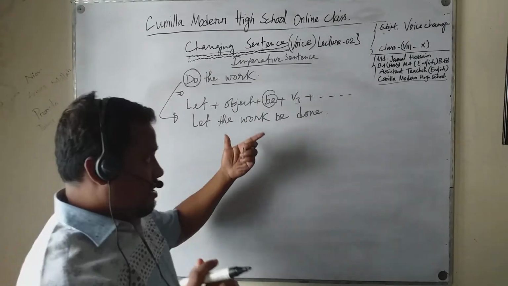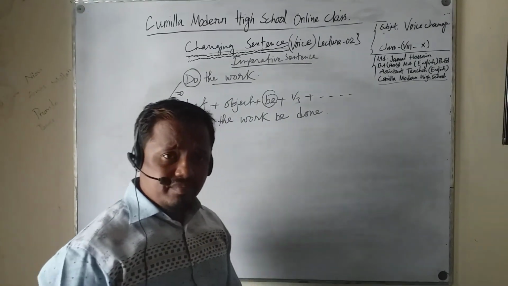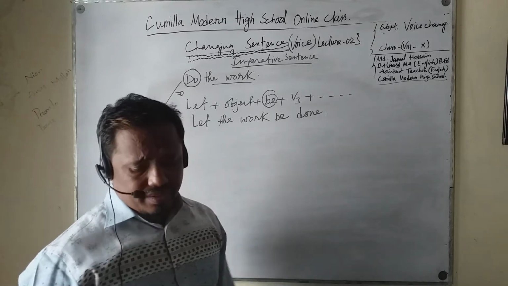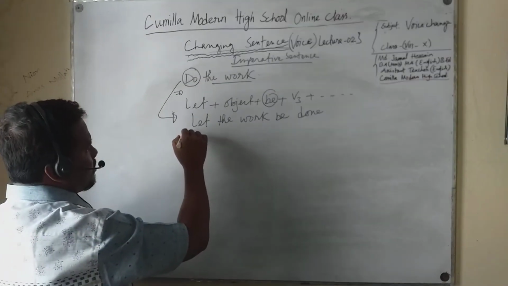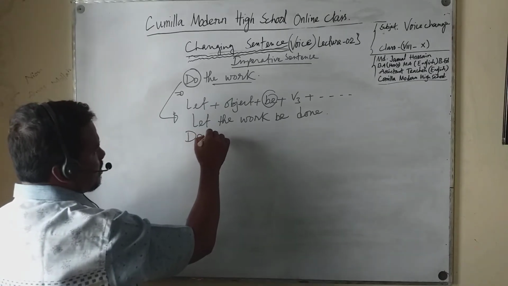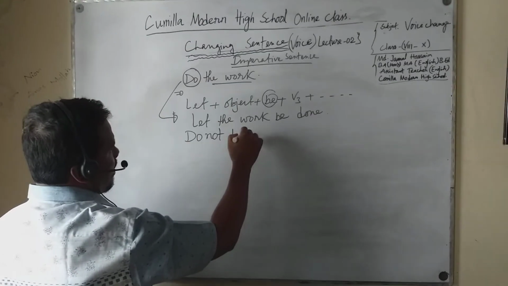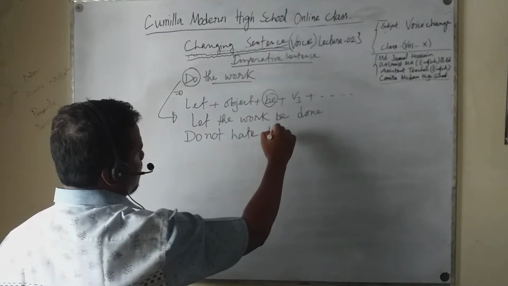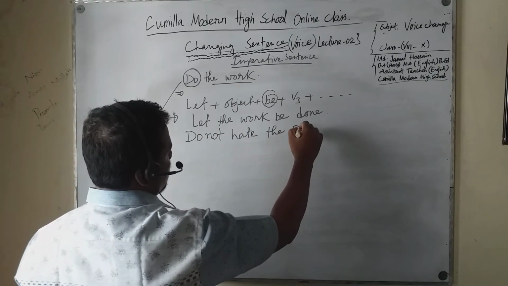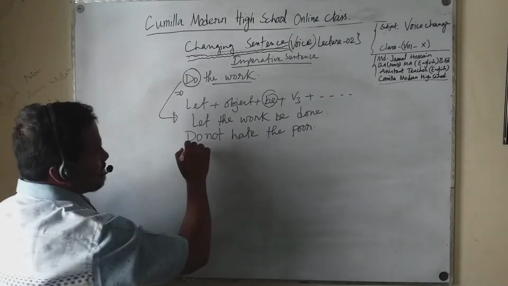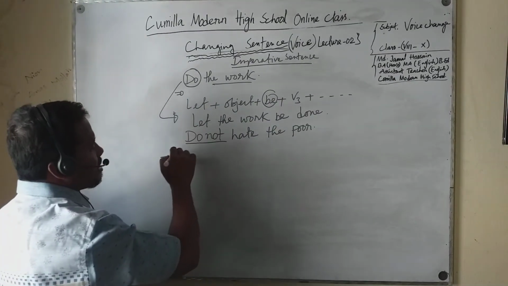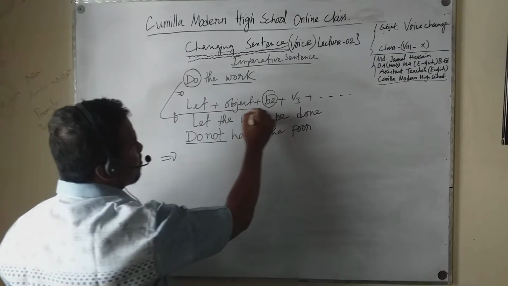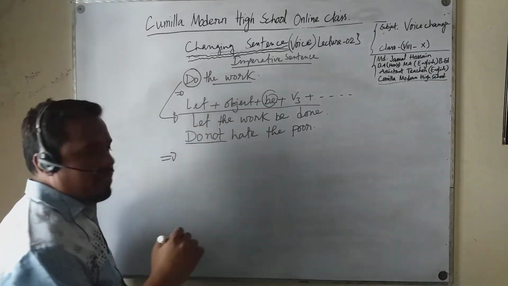Now if the given sentence is negative, how will you change the sentence? Do not hate the poor. This is imperative and this is negative. In that case, you just have to use let not. The other rules will be the same.